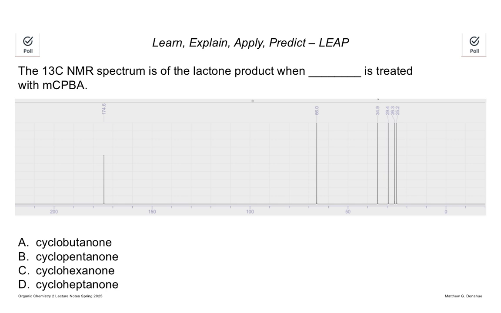So this is a carbon NMR of a lactone product when blank is treated with MCPBA. So, huh? You said B?